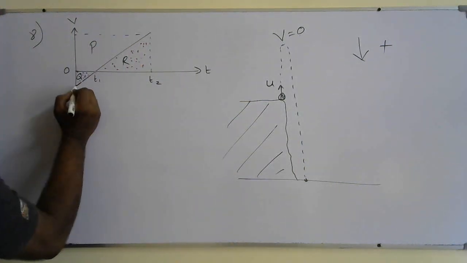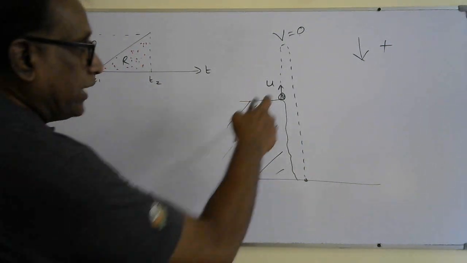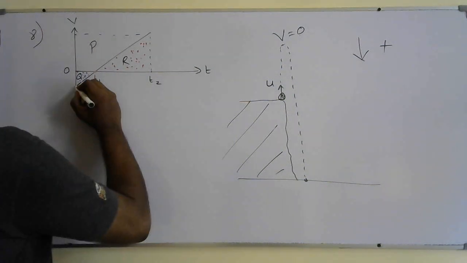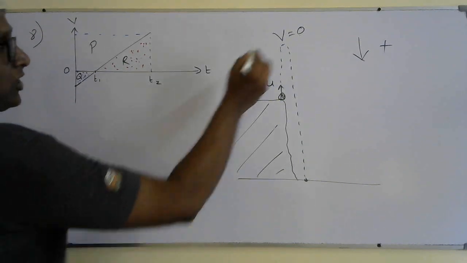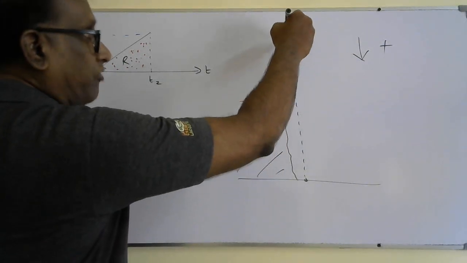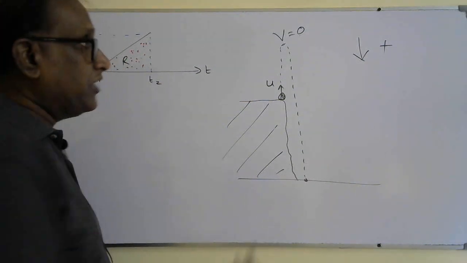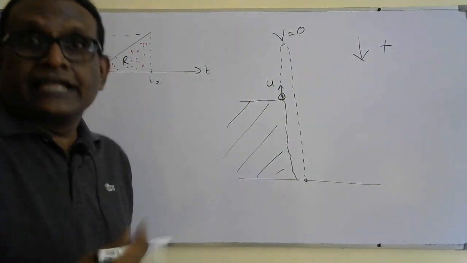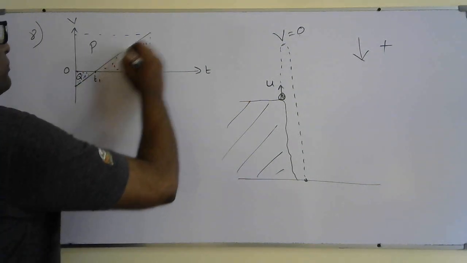The graph will start with a negative quantity. When it moves upwards, it's going to decelerate, so the velocity will decrease. At the highest point, the velocity is 0. Then from the highest point, it's going to fall down and accelerate. The velocity is in the downward direction, along the direction I took positive, so the velocity is becoming positive.